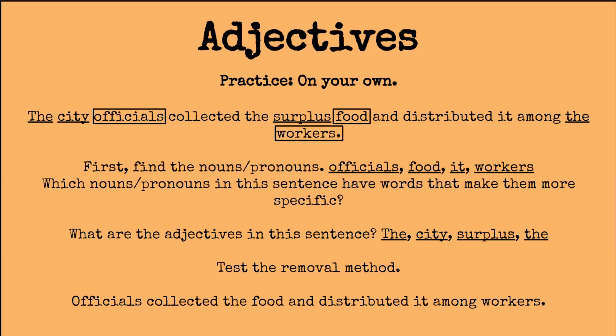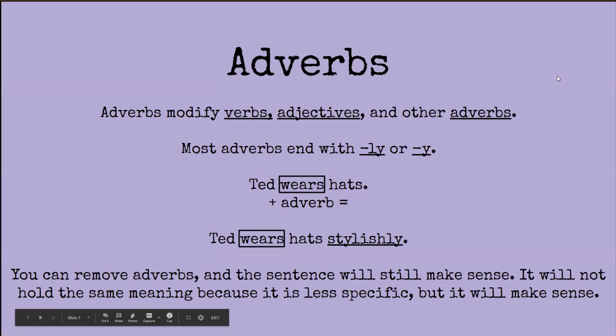Okay, that's adjectives. Let's take a look at adverbs. Now, adverbs was definitely the section that more people commented on as struggling in terms of the words that they were modifying. So again, let's try to find a strategy to help you identify the words that they are modifying as well. Adverbs are going to modify verbs, adjectives, and other adverbs.